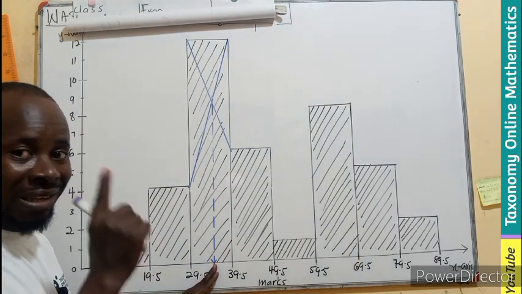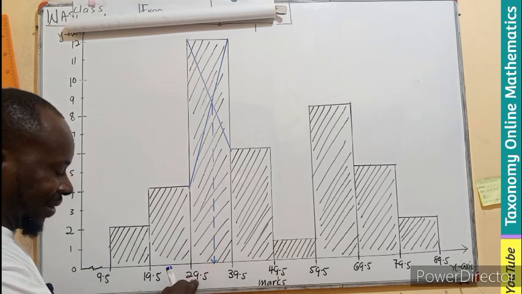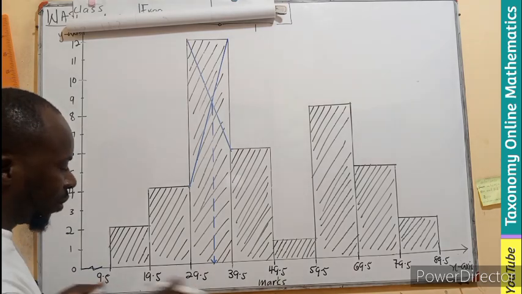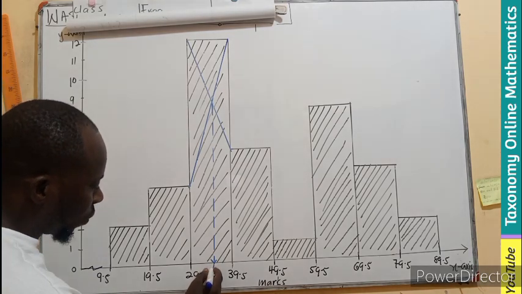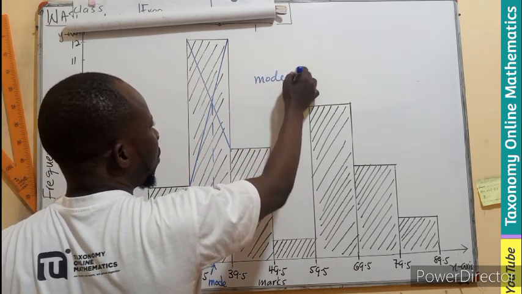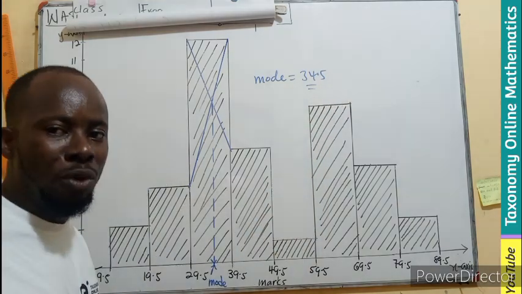So I'm going to take this as 6 interval. If you count it, 6 plus this will give us 34.5. So I'm going to say that my mode is going to be 34.5. That will be the mode.